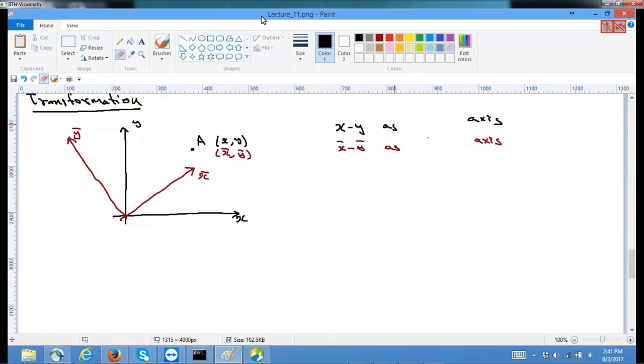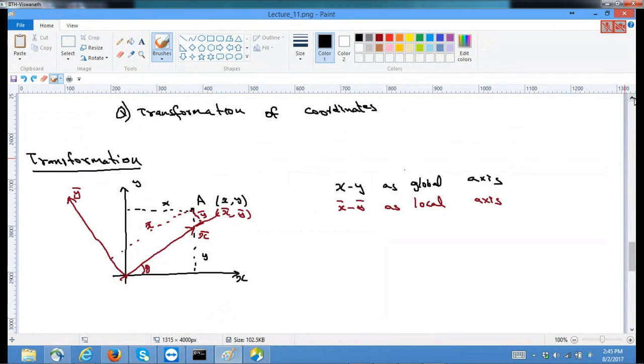Now if I want to rewrite, let's say this inclination is theta. Once we do the transformation of coordinate systems, we are in a position to handle the inclined beams.